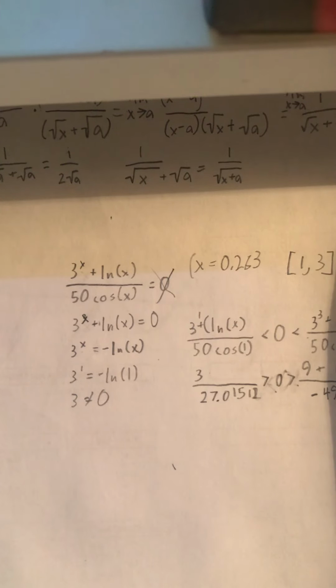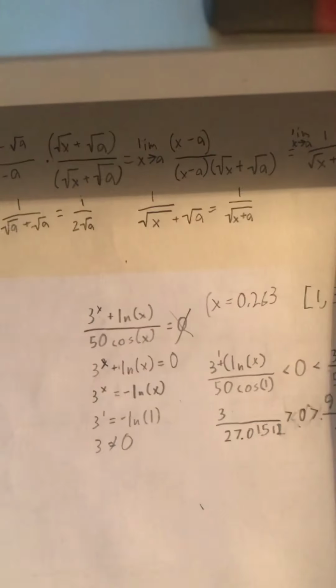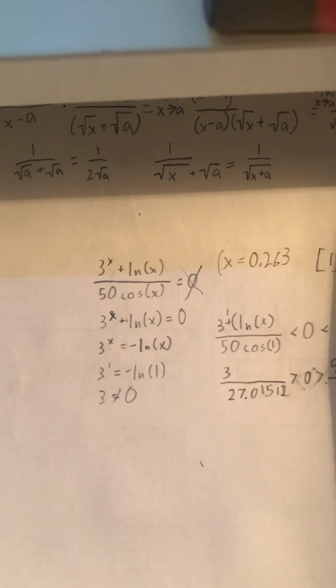Basically, with f of x equals 0, it falls on a very specific place in IVT, which unfortunately you can't.